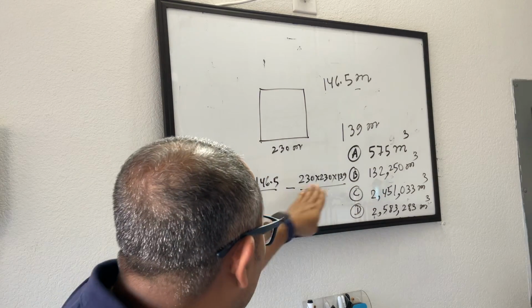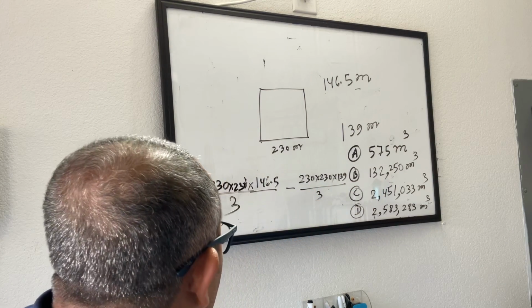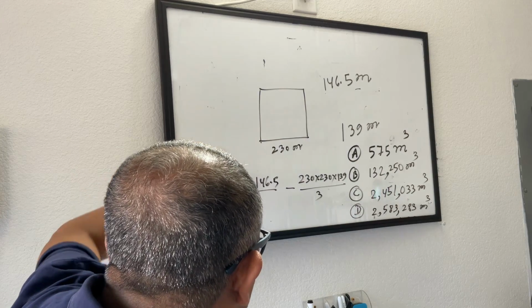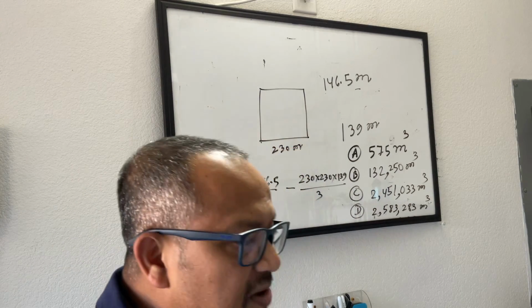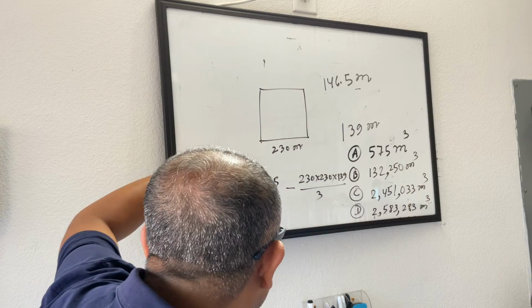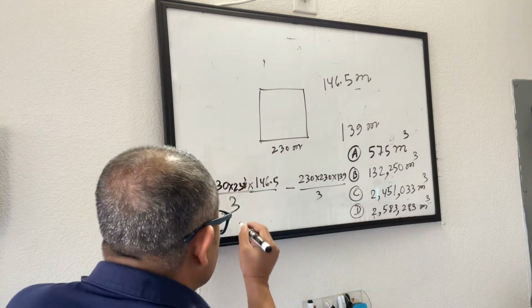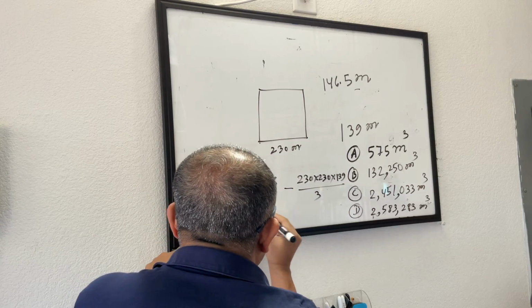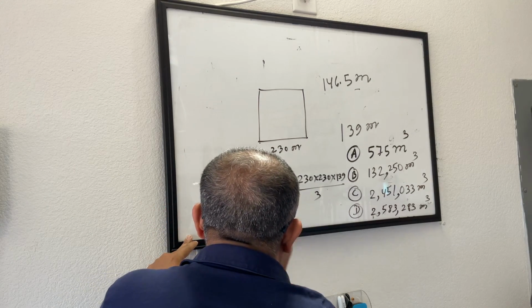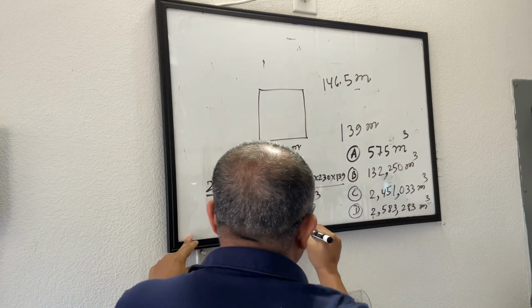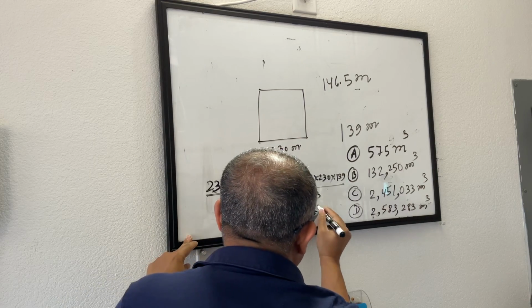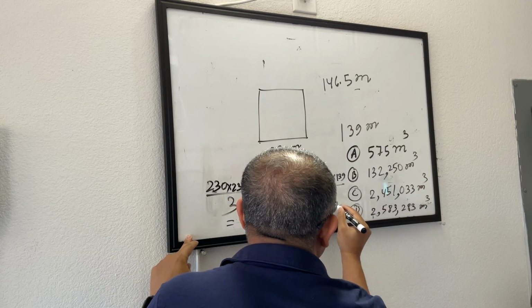Between these two pyramids, 230 into 230 by 3 is common in both places. Do I want to multiply here, waste my time, and do the same calculation again? No. I will just take it out. 230 into 230 by 3 is common, I'll take it out, and then I'm left with 146.5 minus 139.